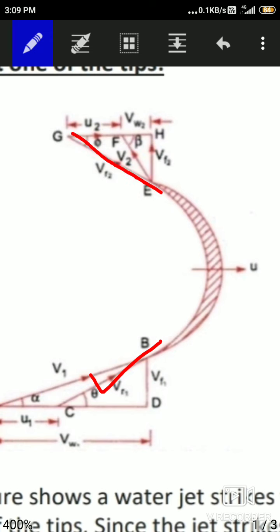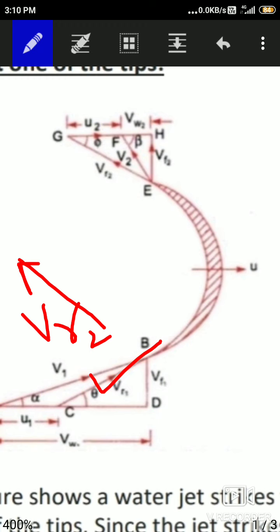That can be represented by this, or if we draw another figure, that can be drawn like this, and this is VR2, and the velocity of plate, that is U, can be represented by this arrow.